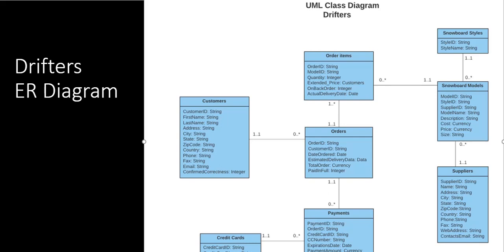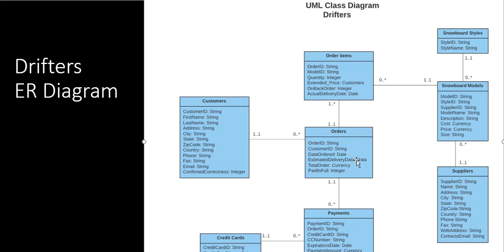Orders have a many-to-many relationship with snowboard models, and that is known as an order item. So really, order items here is a bridge table between orders and snowboard models. So a given order might have 3 or 4 different snowboards and maybe even a quantity. Now a snowboard model is of a given style, and a snowboard model has a supplier.